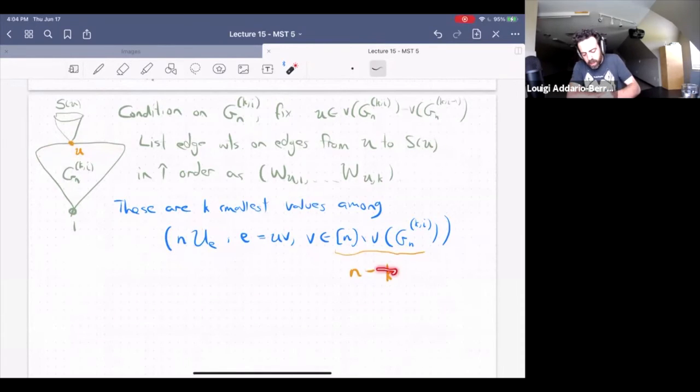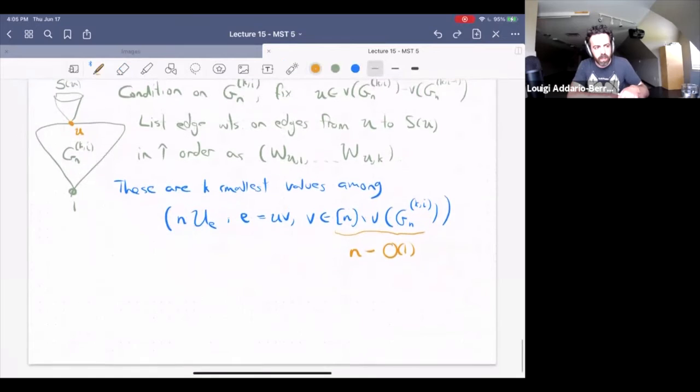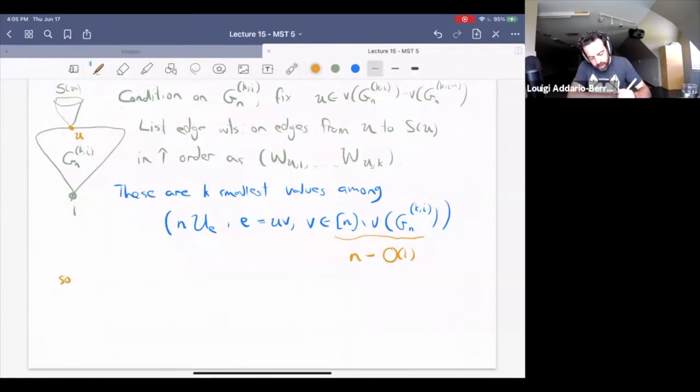So this whole process, when k is bounded, only removes an order 1 number of vertices from the complete graph. So we're basically looking at the k smallest values among n minus order 1 independent random variables like this. Then we're basically in the same situation we were in when we just looked at the first generation.